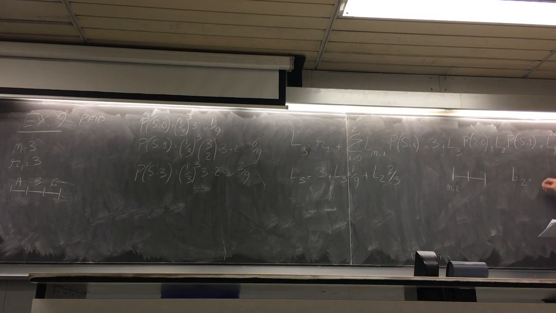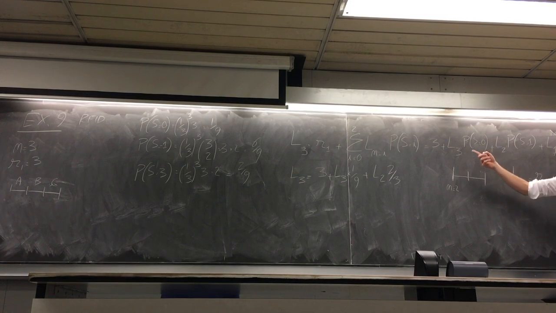L of 2 is equal to R of 2, the number of slots in the second frame, plus the sum between 0 and 1 of L of 2 minus I times the probability of having solved I tags in the second frame. So we just use the same expression, starting at the second frame.